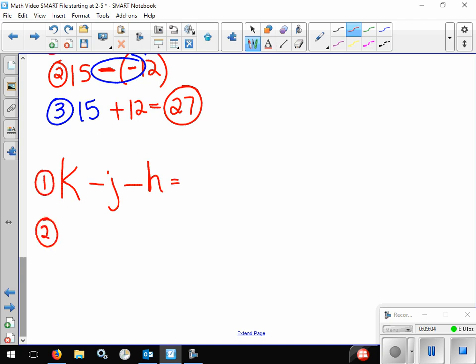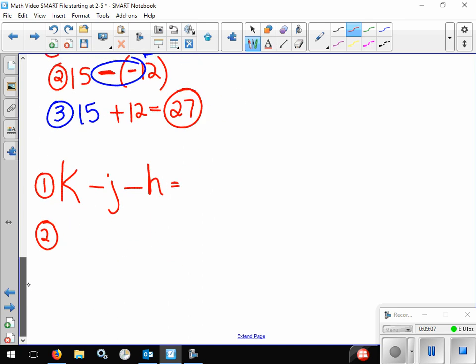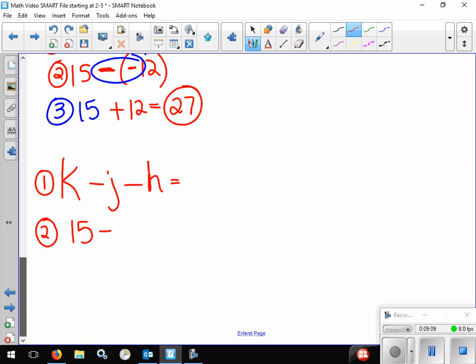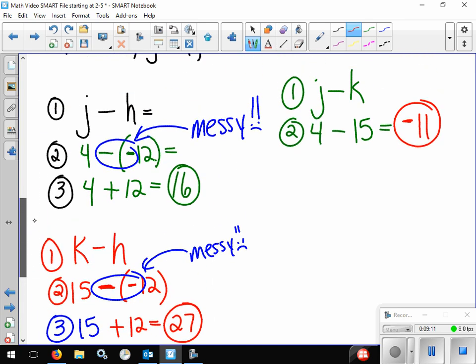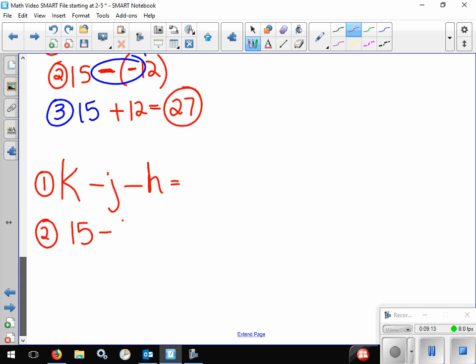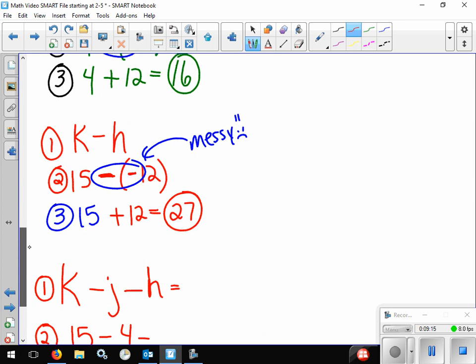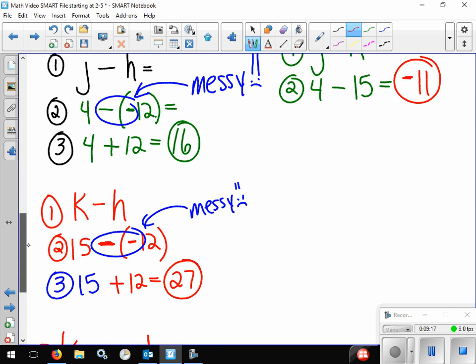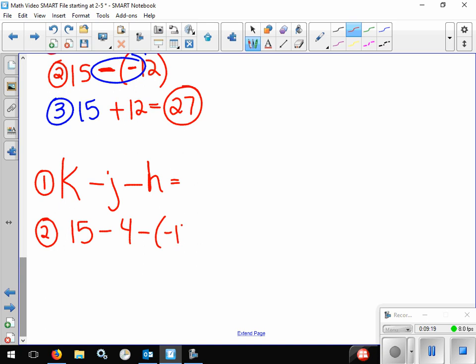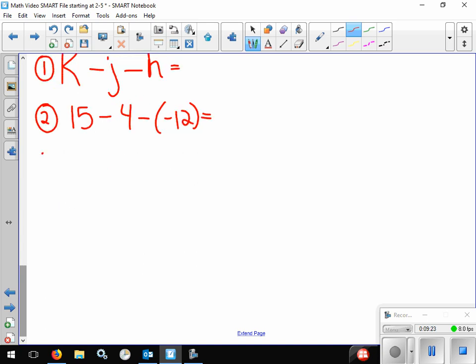Step 2, fill it in. K is 15 minus what is j? J is 4, so minus 4 minus h. H is negative 12. This is why you have to rewrite it, or I'll erase it and make you redo it. Okay, you know I'm going to yell, messy!